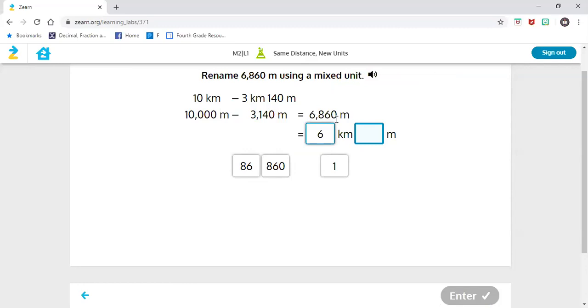So I have 6,000, so that's going to give me 6 kilometers, and then I'm going to have 860 meters left over. Why is it that I could not turn these 860 meters into a kilometer? Correct. It takes 1,000 meters to equal 1 kilometer, and I don't have enough to equal 1. Good job.